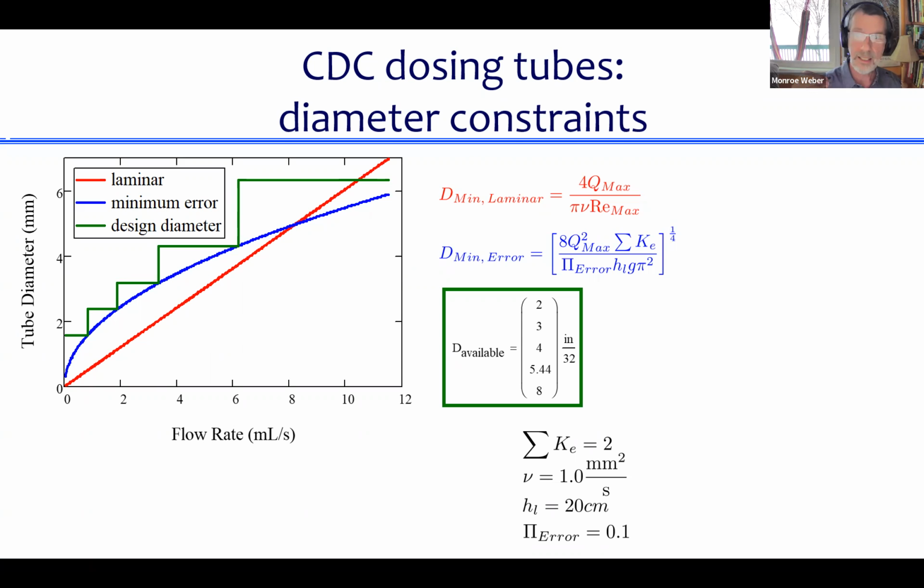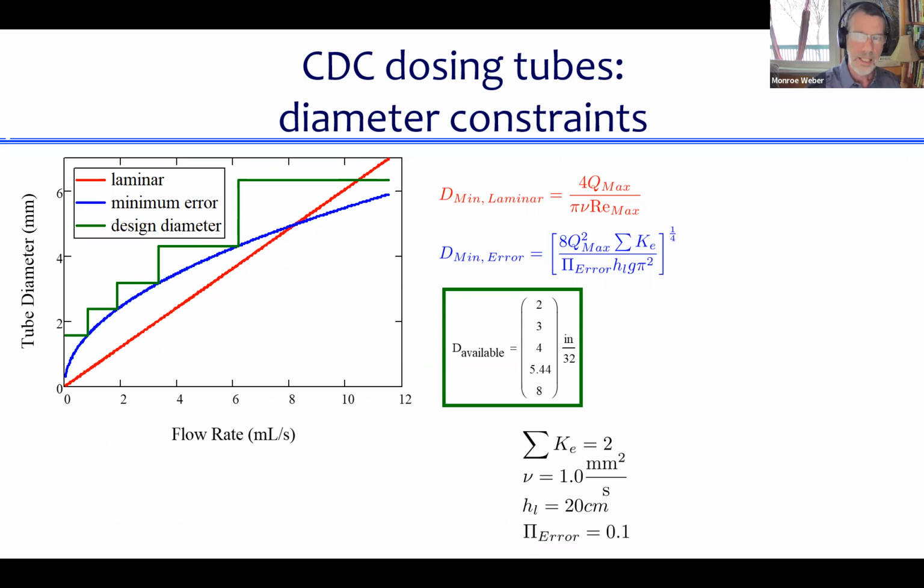And the next constraint is the blue constraint, which is about the minor loss error. And remember, in order to get minor losses small enough, you have to make the velocities be lower, which means that it helps to go to a larger diameter. A larger diameter will reduce the velocities.